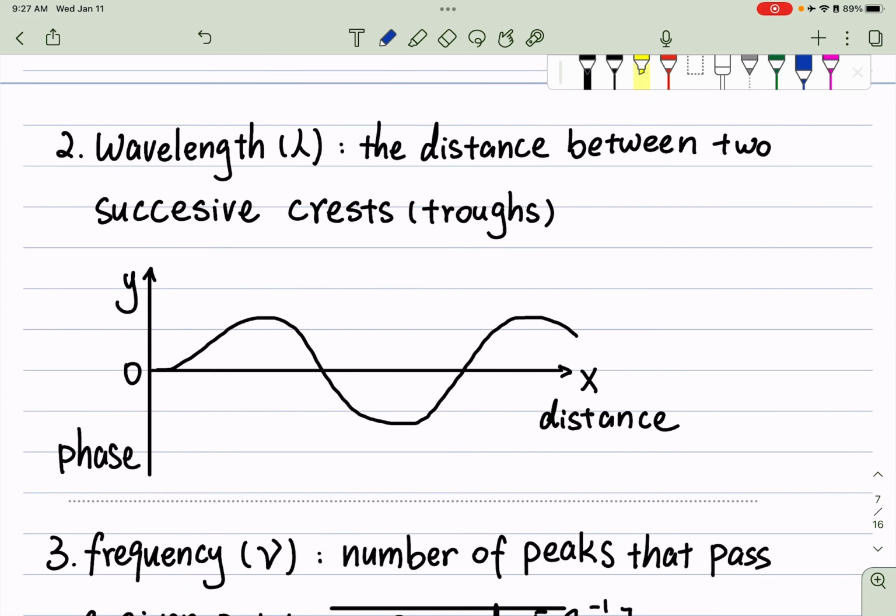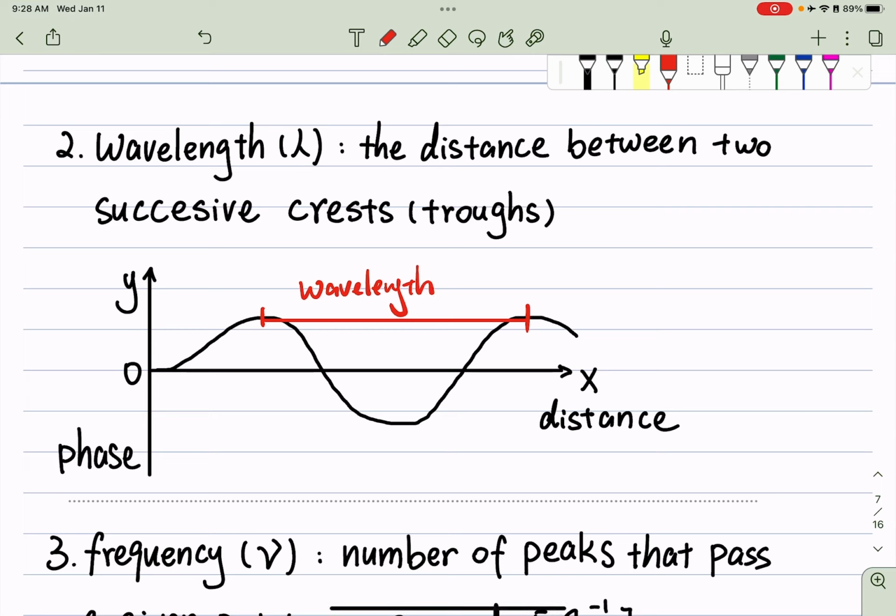The next property we use to describe a wave is called wavelength. By definition, that's the distance between two successive crests or troughs. In this case, we'll just use the crest as an example. So the distance here, that's the wavelength.